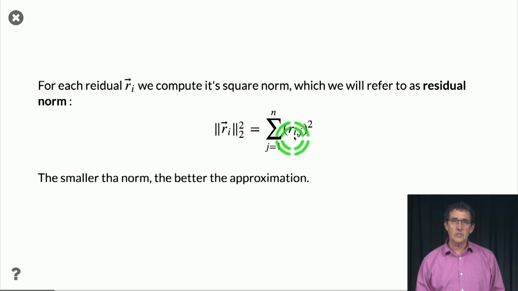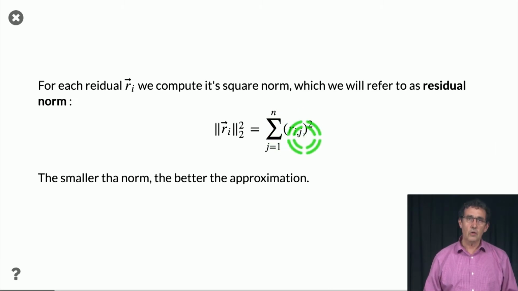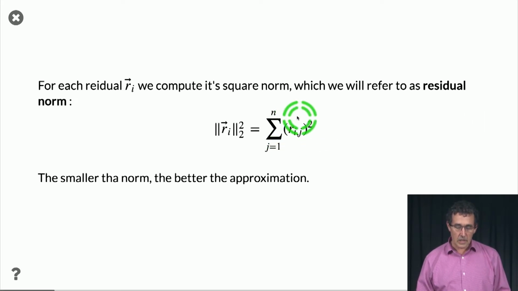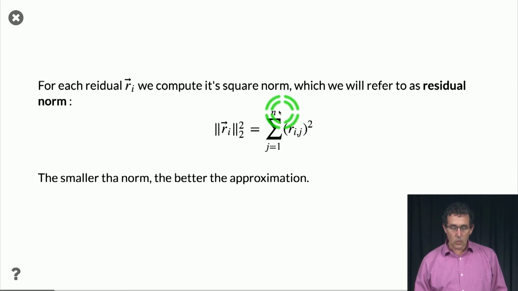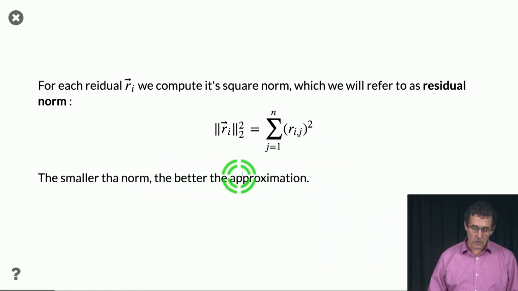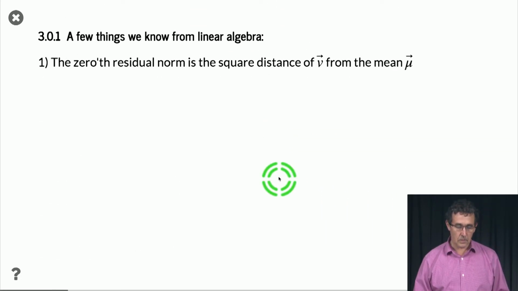And that is essentially our measure of how good our approximation is. So this is a central thing in many things that we will do from this point on, where the quality of our approximation is measured by what is called the root mean square, or the root of this quantity. Okay, so the smaller the norm, the better the approximation.